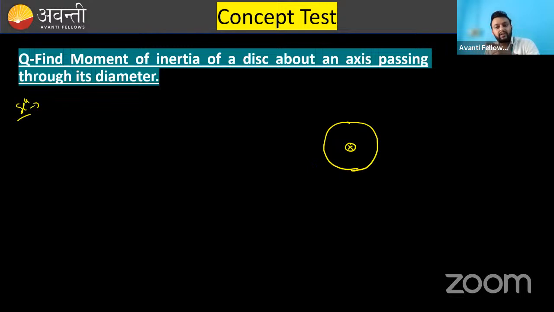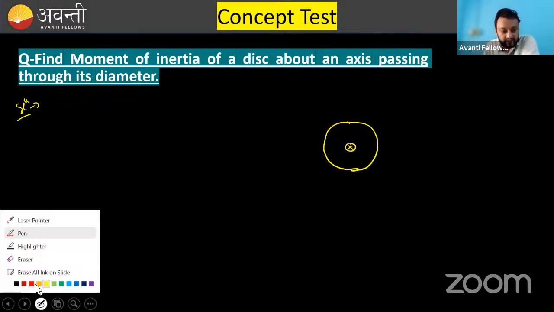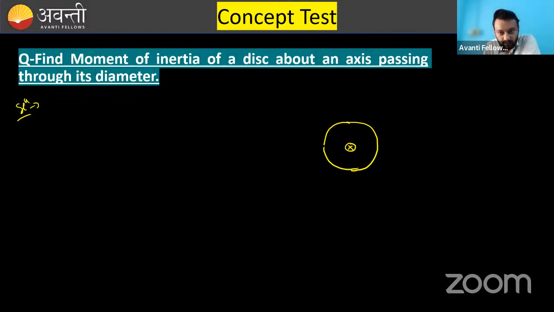And we need to calculate the moment of inertia about the diameter. Can you see that the diameter is this? Clear? I think clear now.